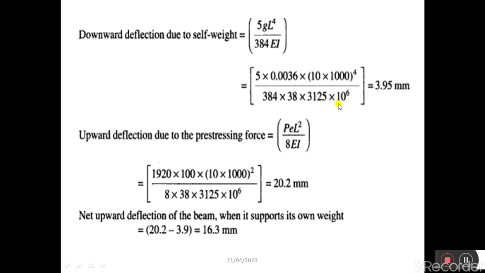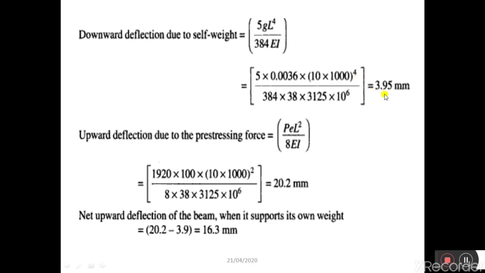Here it is converted into kilonewton per millimeter square, which gives 3.95 millimeter. So due to self weight, the beam is undergoing a deflection of 3.95 millimeter in the downward direction. This deflection is occurring at midspan, and it is acting in the downward direction, or we can say that the deflection is of a sagging type.